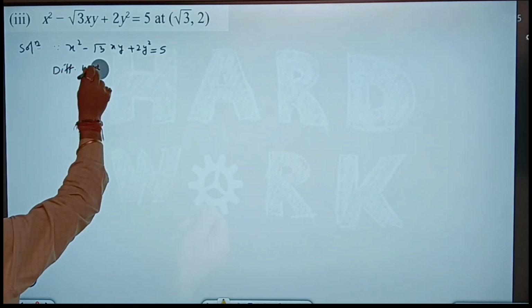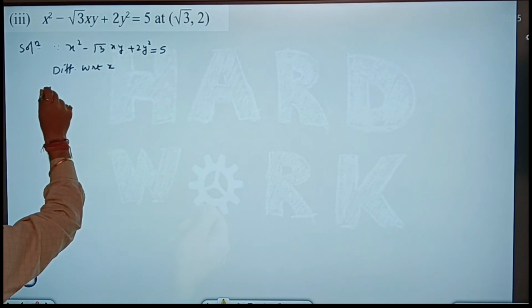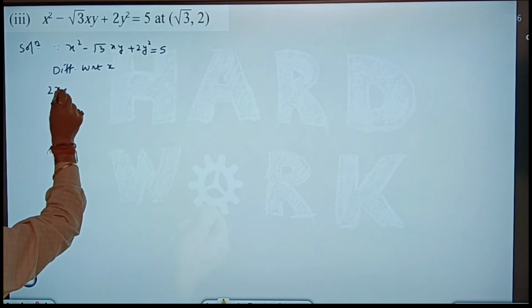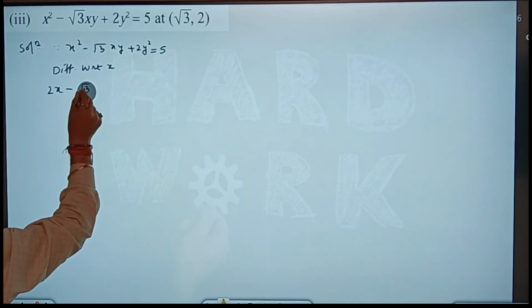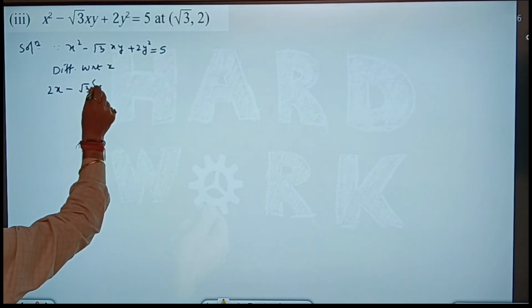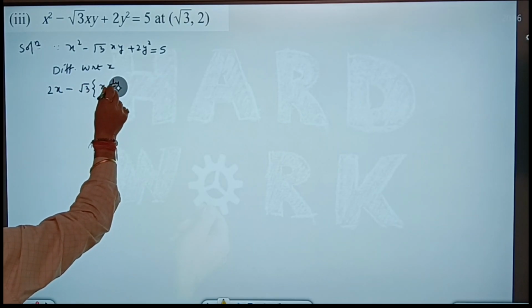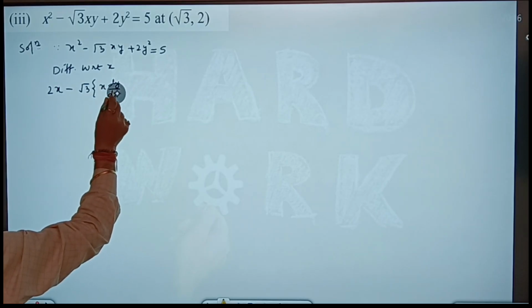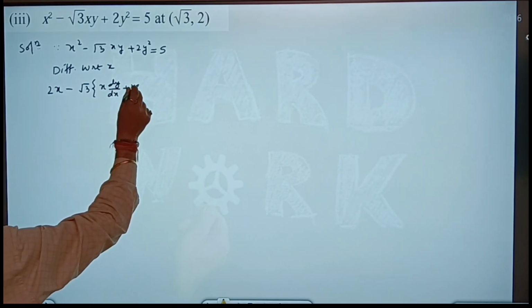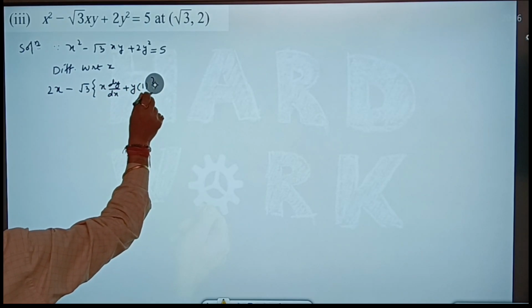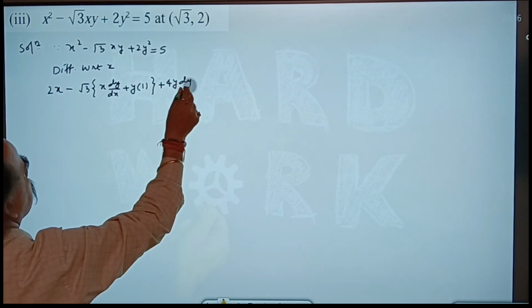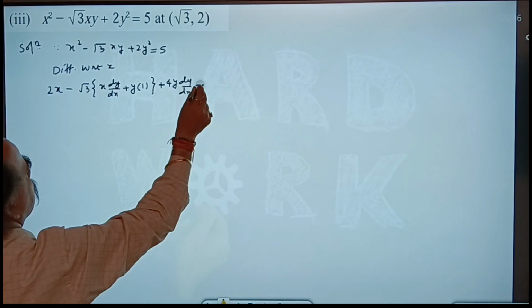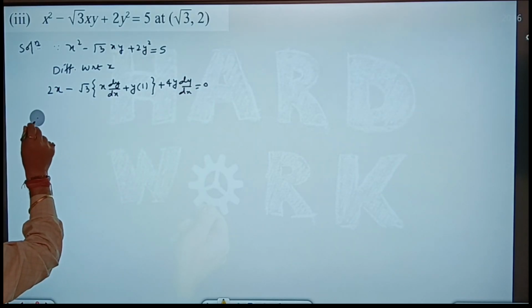Differentiating with respect to x. 2x minus root 3 x dy by dx plus y into derivative of x is 1 plus 4y dy by dx is equal to 0.